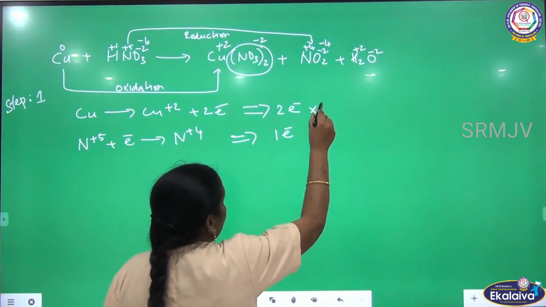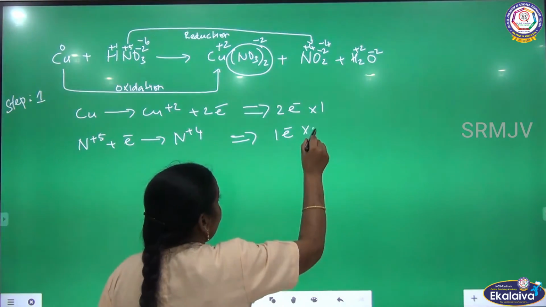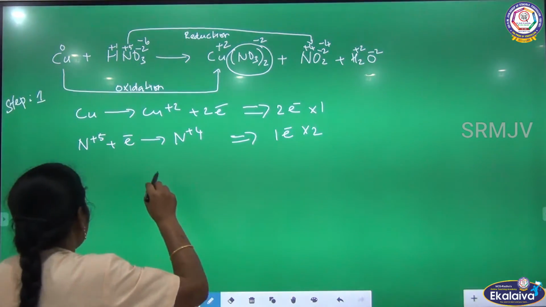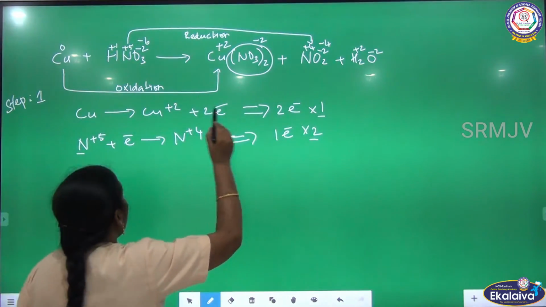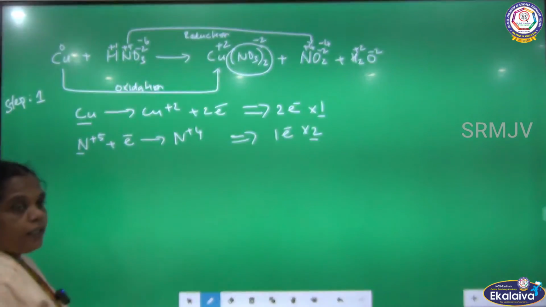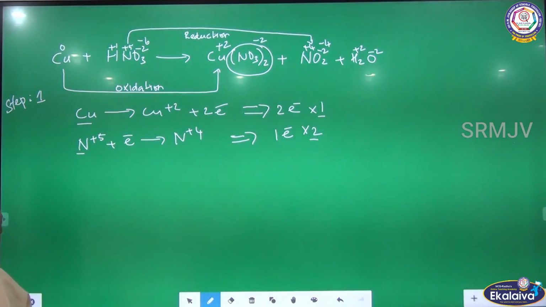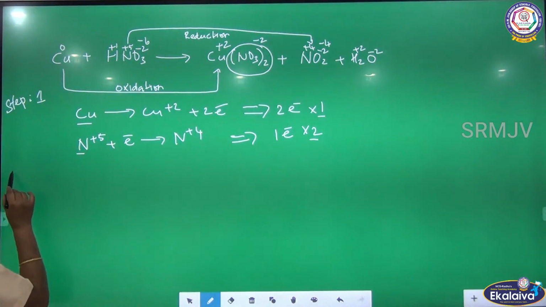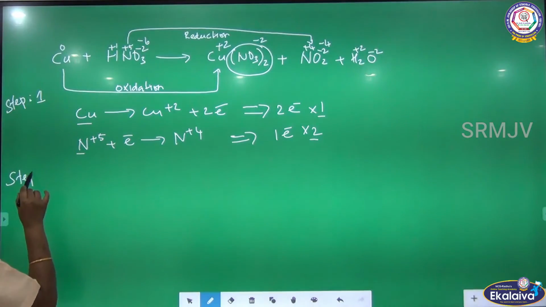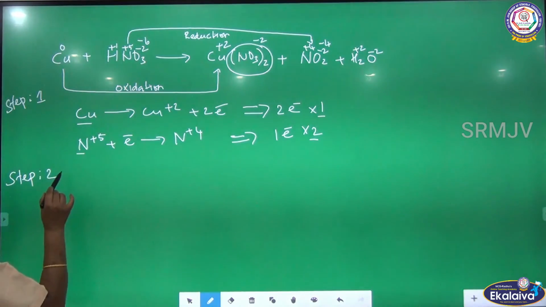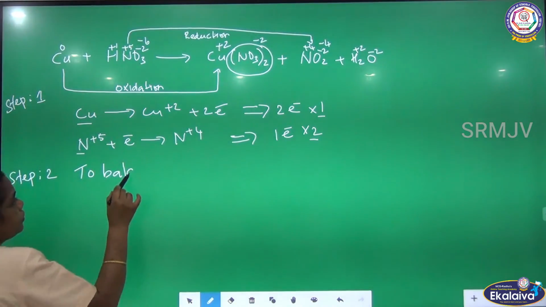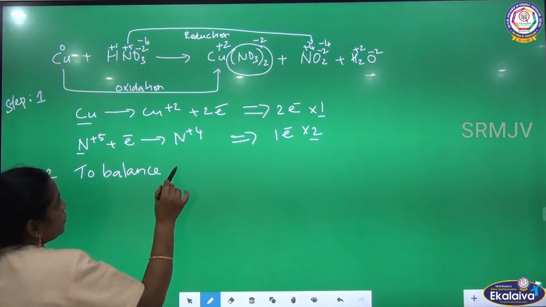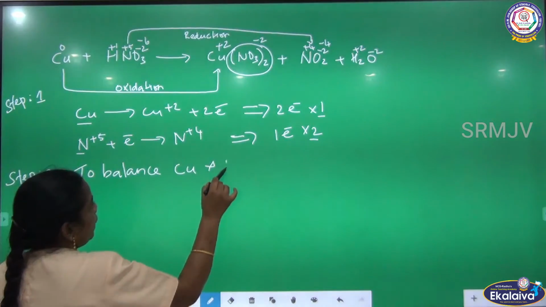This can be multiplied by 1 and this can be multiplied by 2. So now you have to multiply nitrogen by 2 and copper by 1. That is the next step. Step 2, to balance copper and nitrogen.